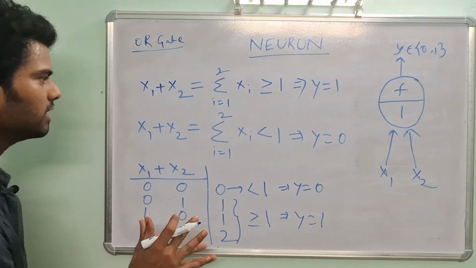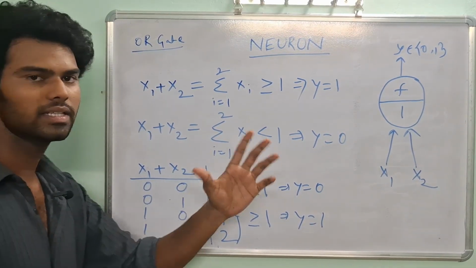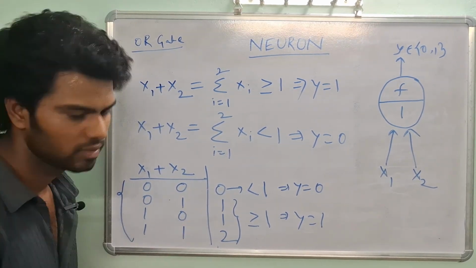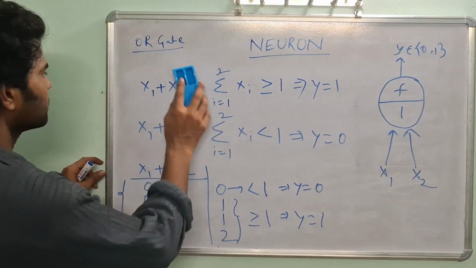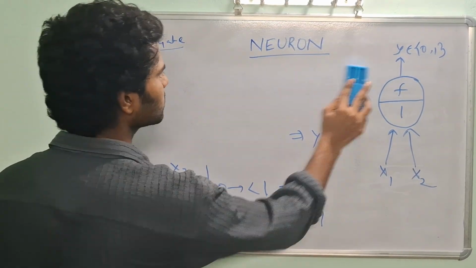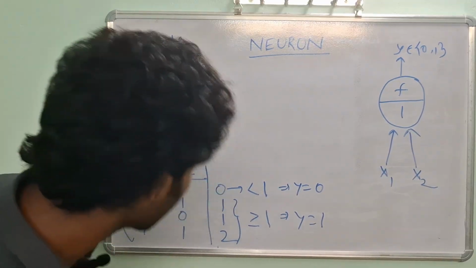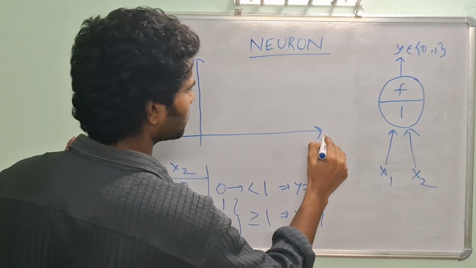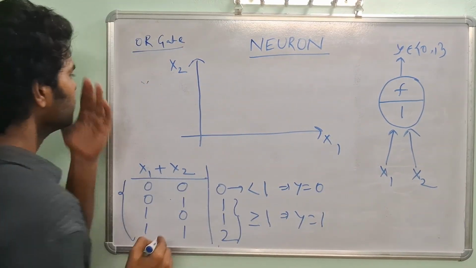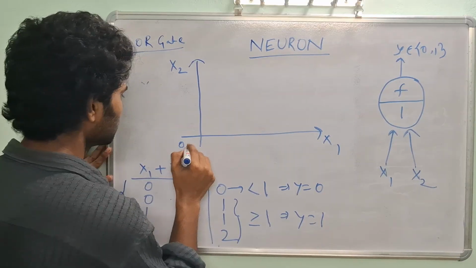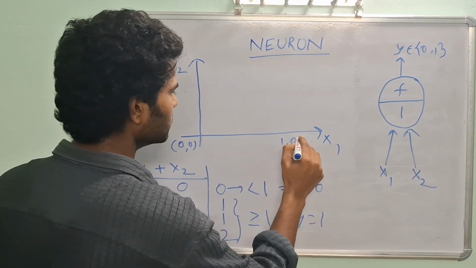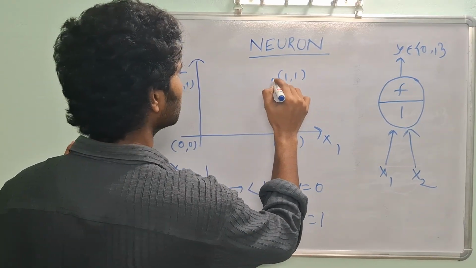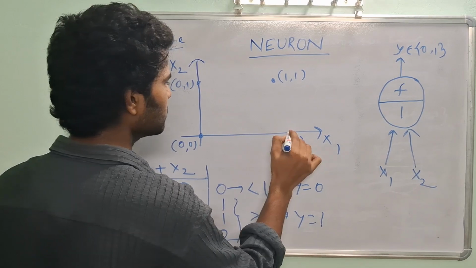Now we will draw a straight line on the graph based on these four points. This is x1, this is x2, and the points are 0, 0; 1, 0; 0, 1; 1, 1. So these are the 4 points on the graph.